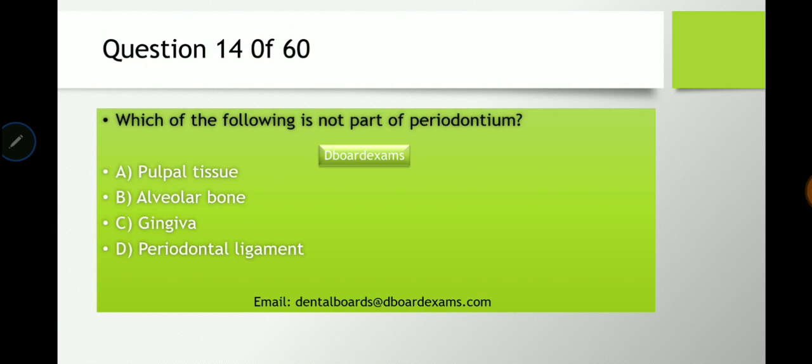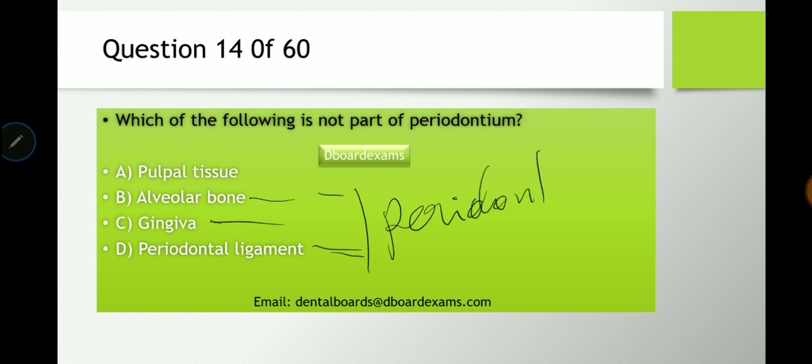Is it alveolar bone, gingiva, or periodontal ligament? So you already know that alveolar bone, gingival tissue, periodontal ligament, all of these make up periodontium. Okay. And of course, you know, pulpal tissue is not part of periodontium. All right. So answer is A.